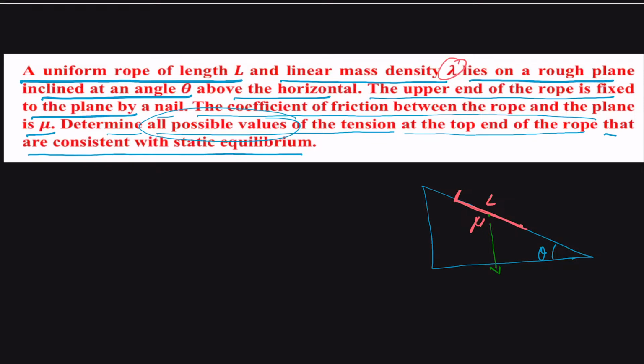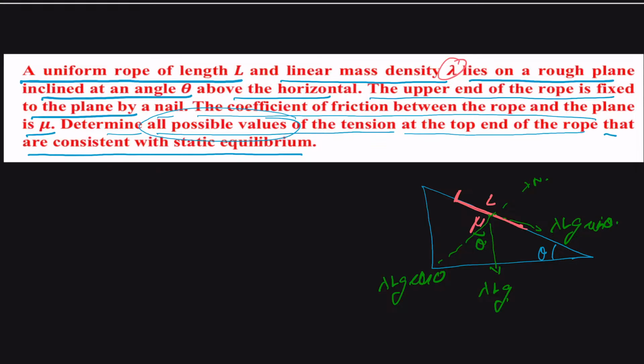The mass m times g will be lambda L g, which we can divide into two components, and there will be a normal. So for theta, we get lambda L g cos theta, and this is our lambda L g sine theta.